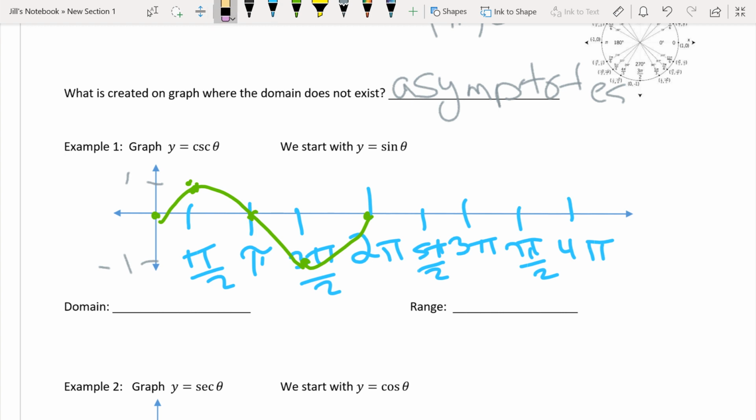I can make that better. Give you guys a little time to catch up if I'm going too fast. Okay, and then we make another sine wave.